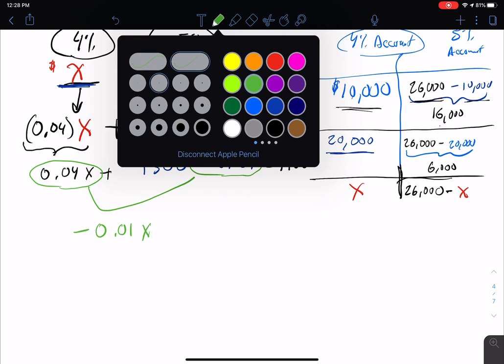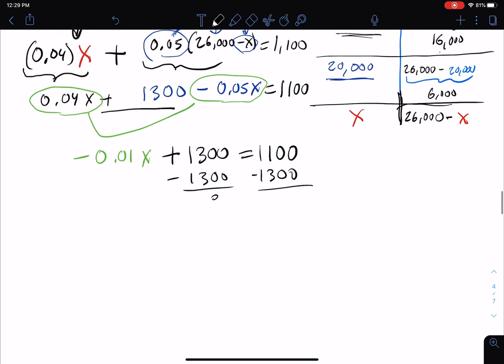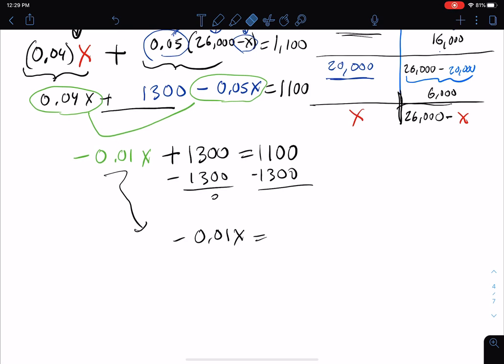Of course, we still have this plus 1,300, and that equals 1,100. We're going to solve for x by subtracting 1,300 on both sides. Of course, that zeroes out, leaving us with negative 0.01x on the left. And when you subtract 1,100 minus 1,300, we actually end up with a negative.